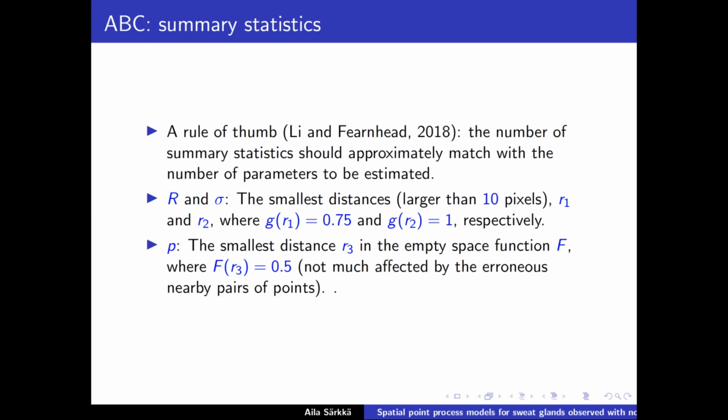The empty space function is a distribution function which tells you, if you have an arbitrary point, what is the probability of having a point of the process at a certain distance. Here we took 1 point from that function, namely the smallest distance where this function reaches the value 0.5.